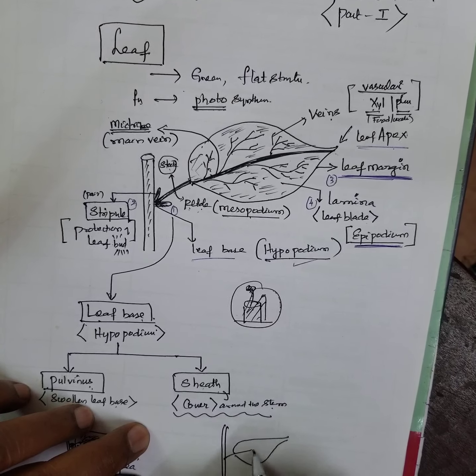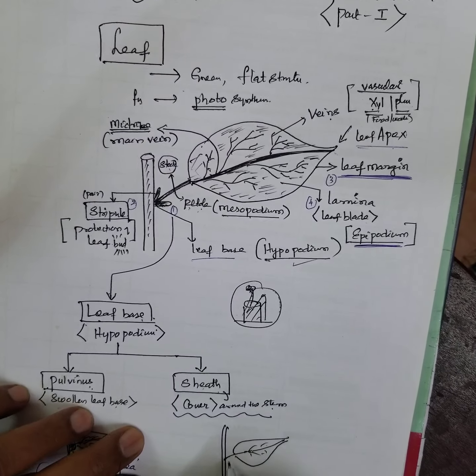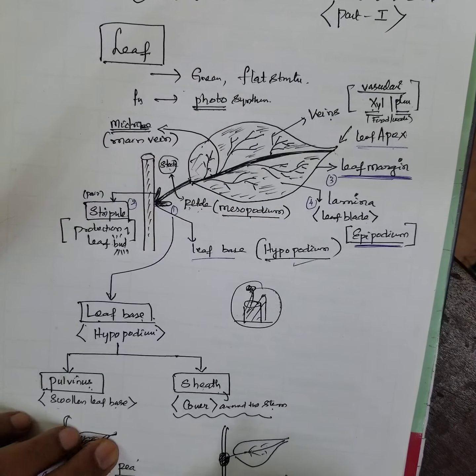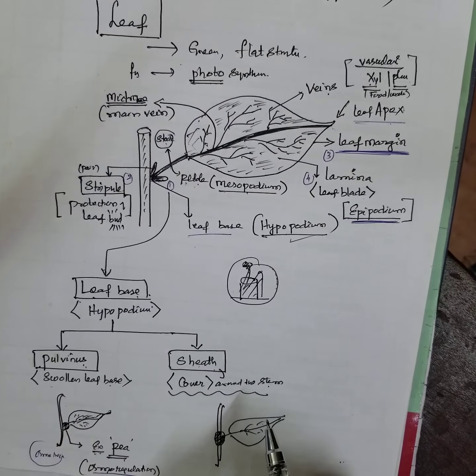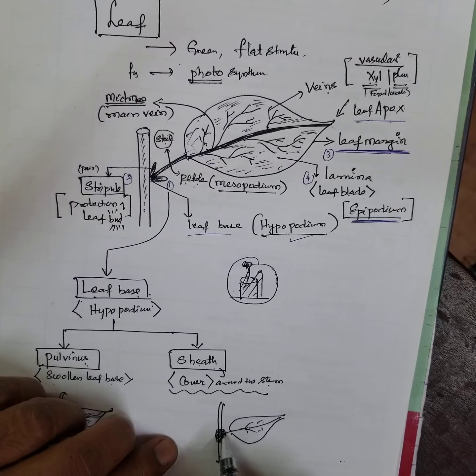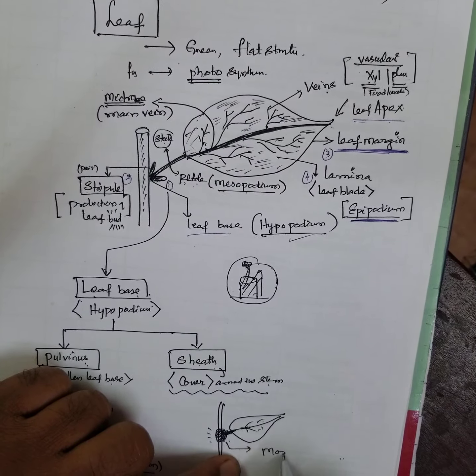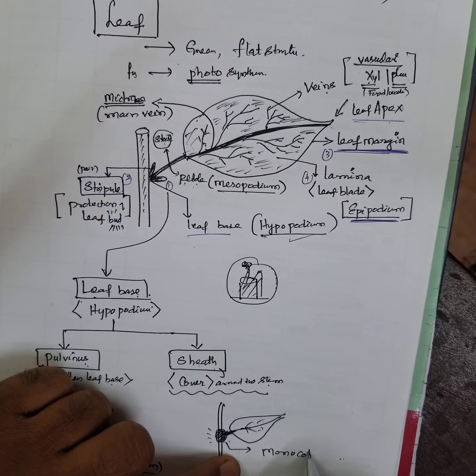If you take the leaf here, okay, it completely covers the stem. This is a stem, right? It completely covers, and this is observed in most of the monocotyledons.